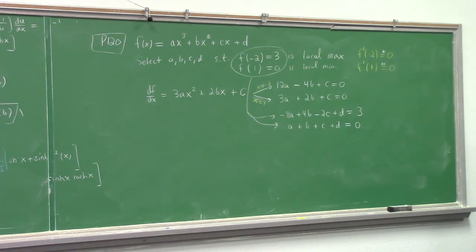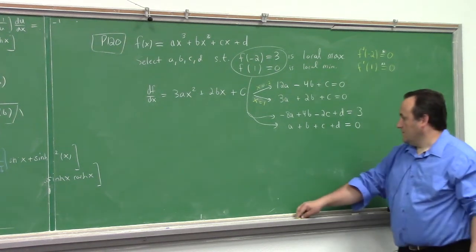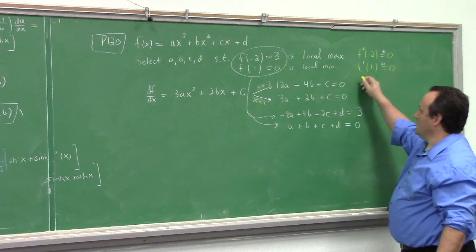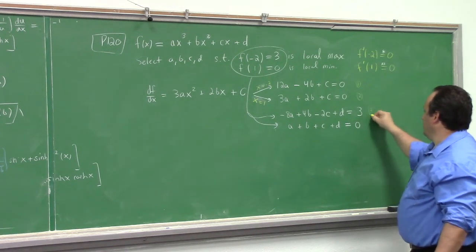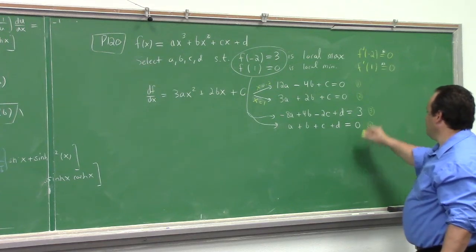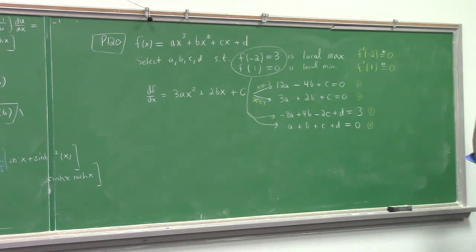That depends on what you know, but for you guys at the moment, elimination is the name of the game. So let me give these names, 1, 2, 3, and 4. I can take 1 and 2 and subtract those equations, right? 1 minus 2 gives me what?